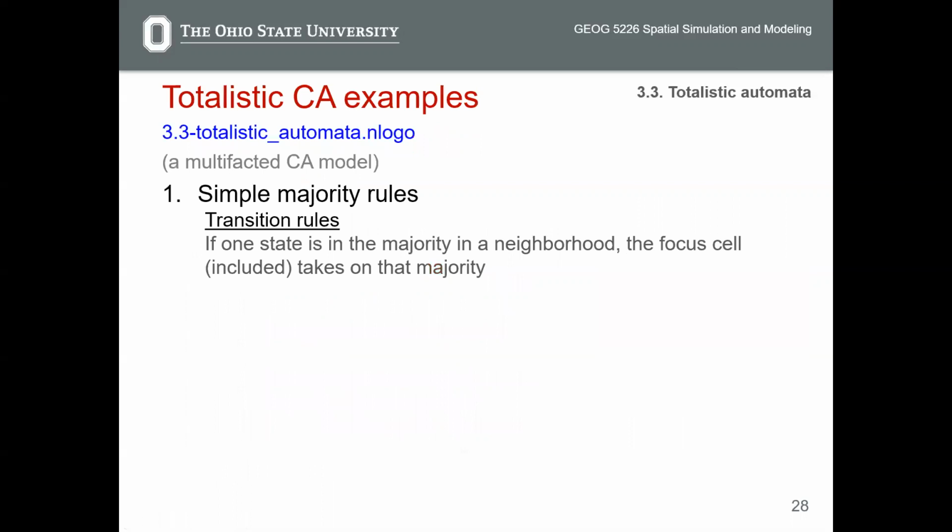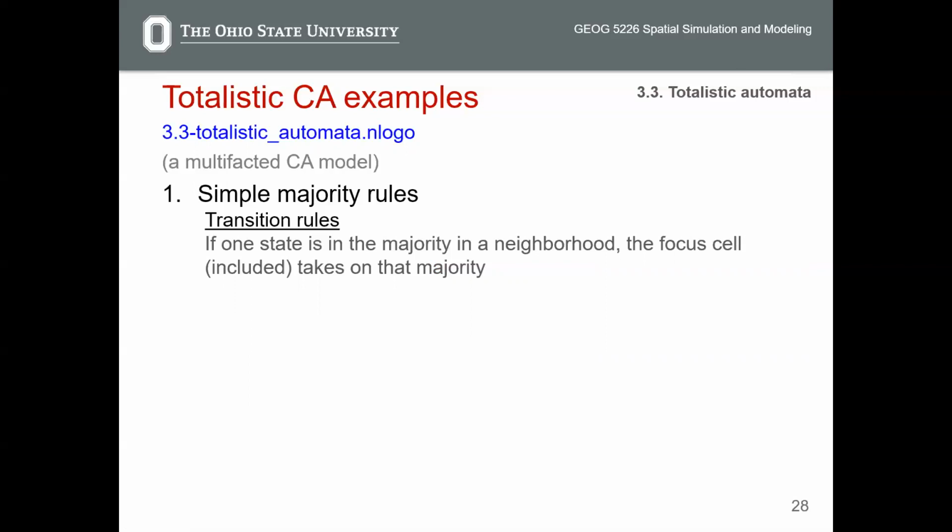Okay, let's continue. The next method to produce aggregation and segregation is called simple majority rules. You can say it's still a type of total CA, which means that we still need to calculate the sum of each cell's neighbors to decide the state of the cell after the next tick, or we say at t plus 1.